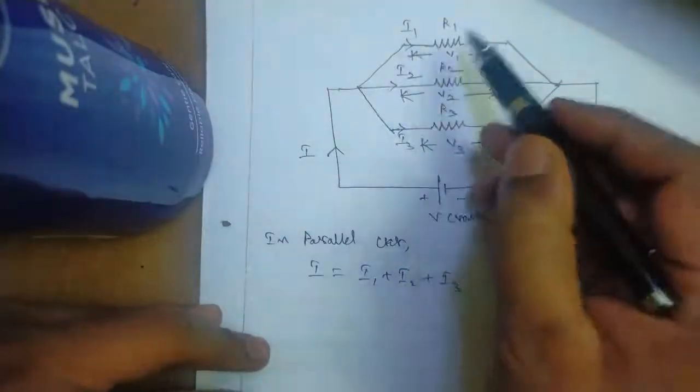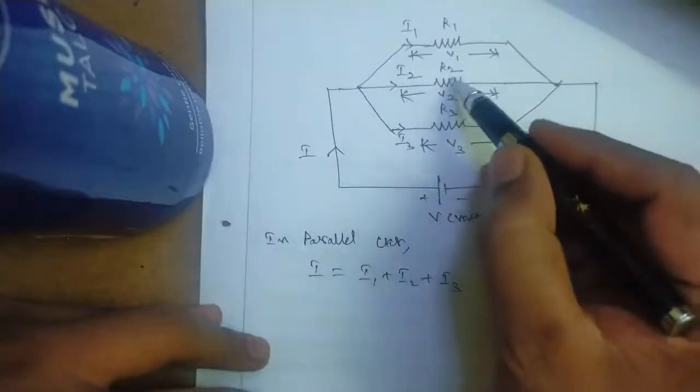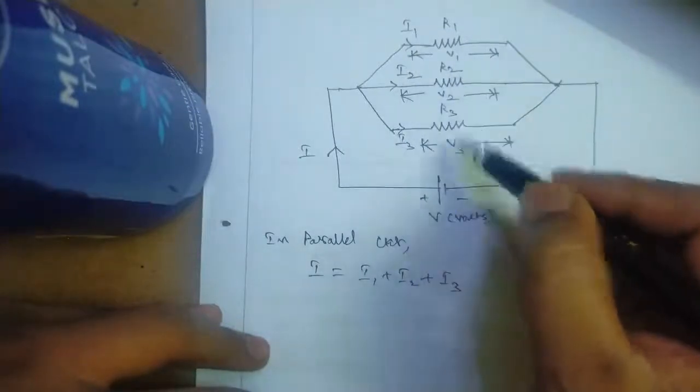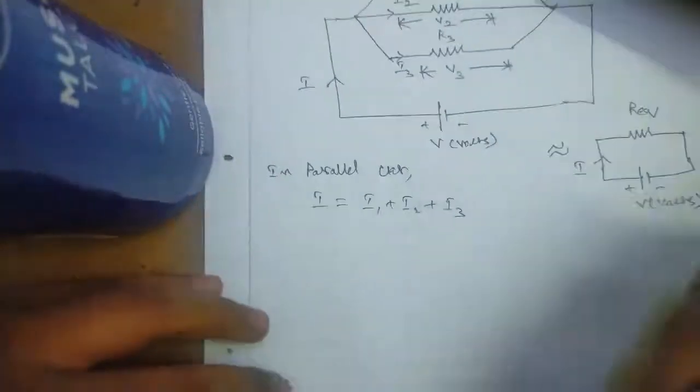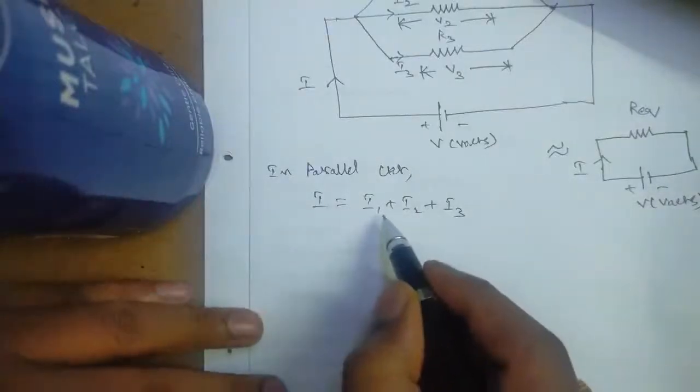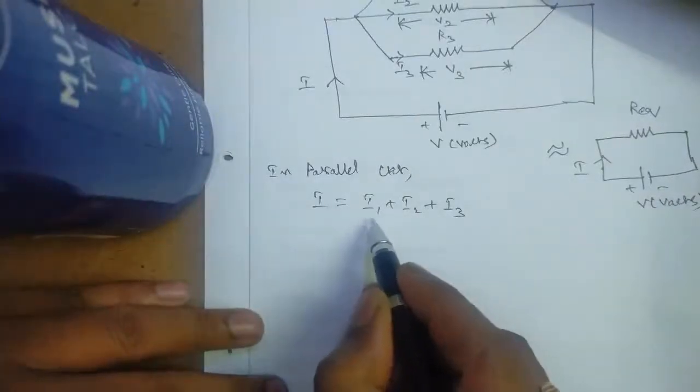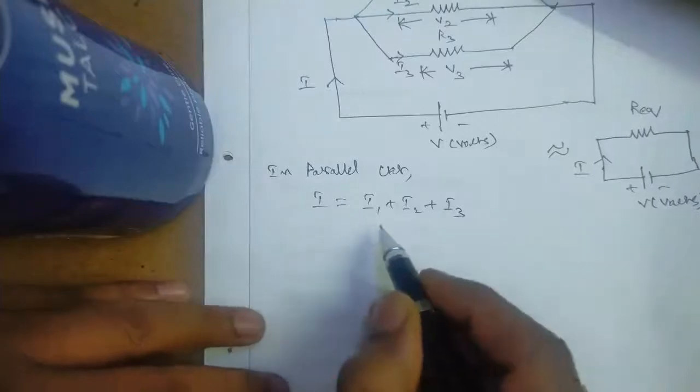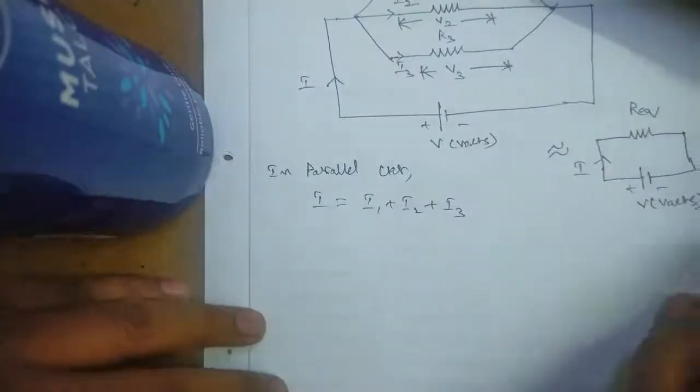Here I1 is the current passing through R1, I2 is the current passing through R2, and I3 is the current passing through R3. So I is equal to I1 plus I2 plus I3.